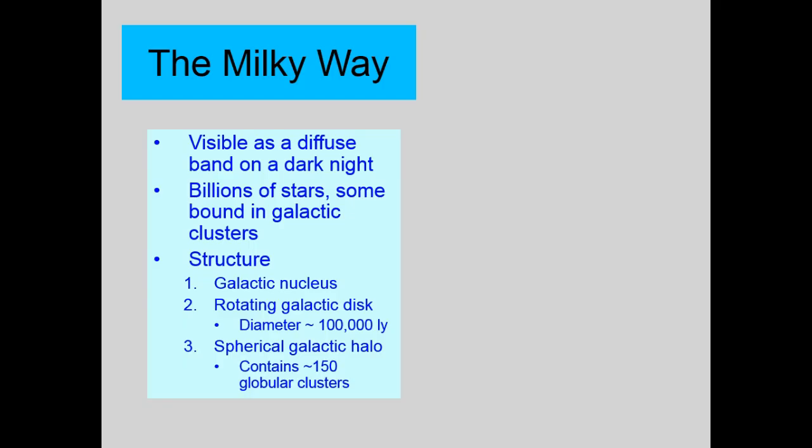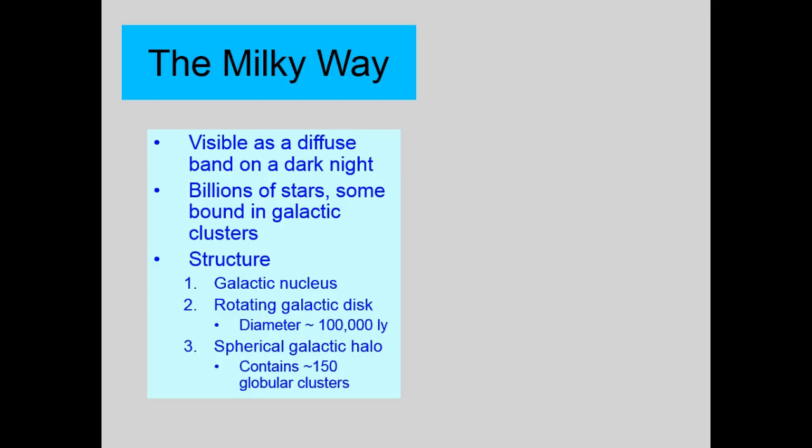Now let's move on to the Milky Way galaxy. If you're in a dark enough night, away from the city lights, the light pollution, the Milky Way is visible as a diffuse band that you see on the dark night. And the picture in the book that James was pointing out, that is a picture of the Milky Way, or at least you see the brightest parts of it there.